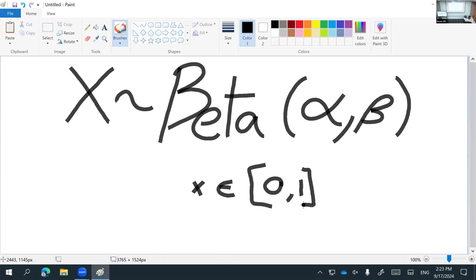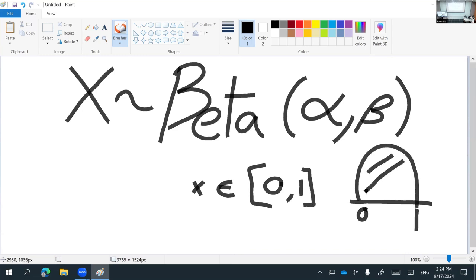Bounded, right? It can't be smaller than 0, can't be bigger than 1. So all you need to do is draw this line, 0 and 1, right? It's going to be somewhere between here and here.